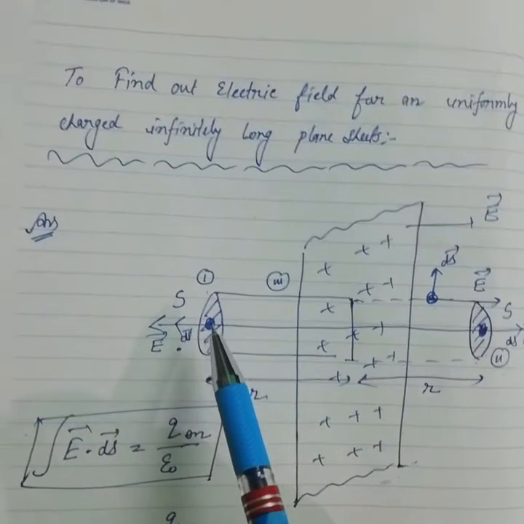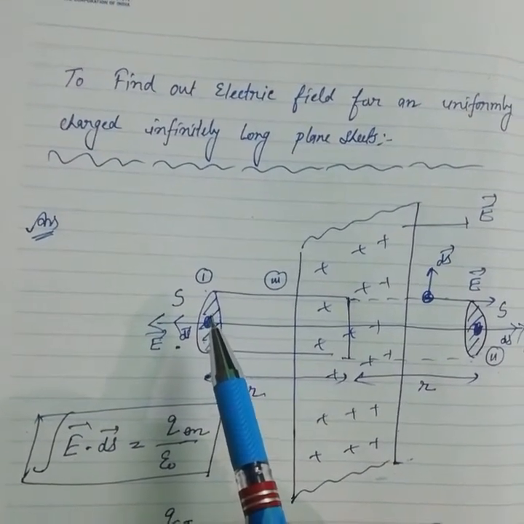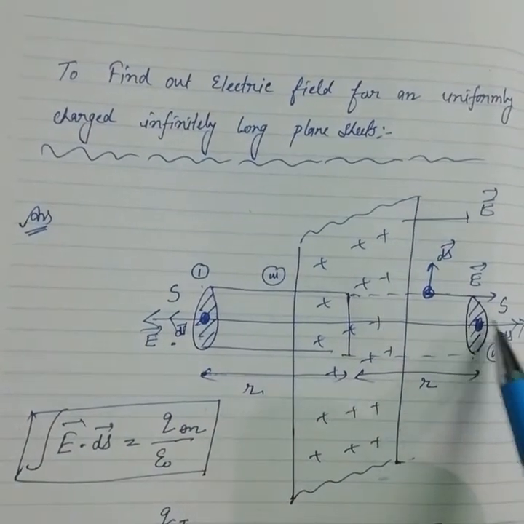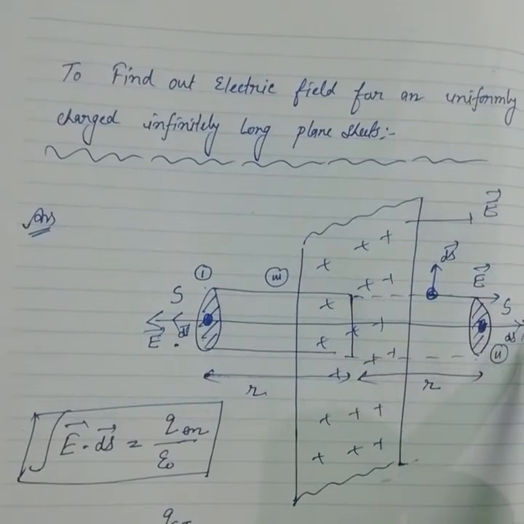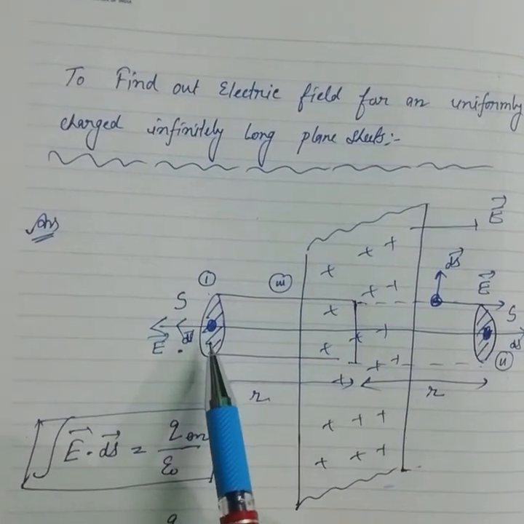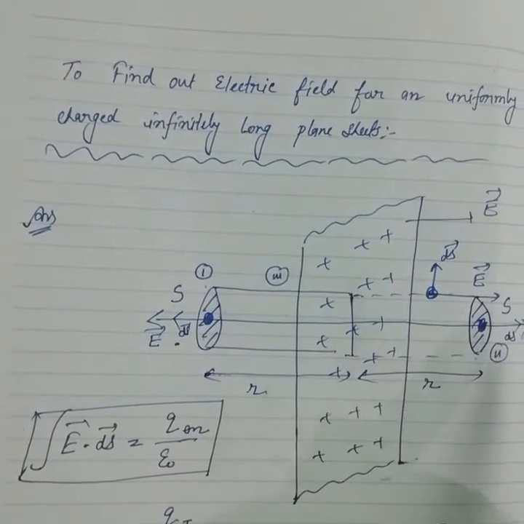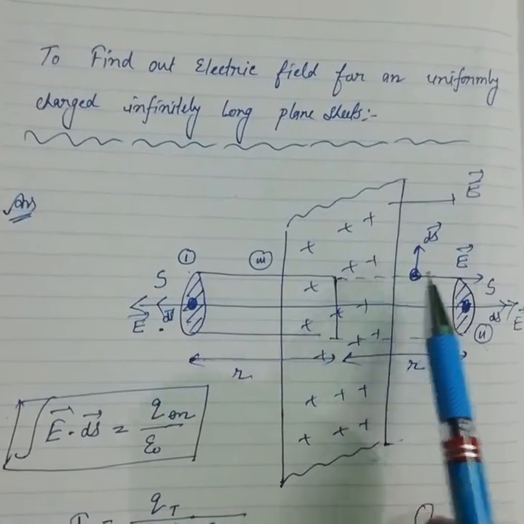As we already know, for a closed surface the area vector is always coming out from the surface. Similarly, for surface number 2, dS and E are along the same direction. This is for one side of the sheet, and this is for the other side. And this is the body part of the cylinder.